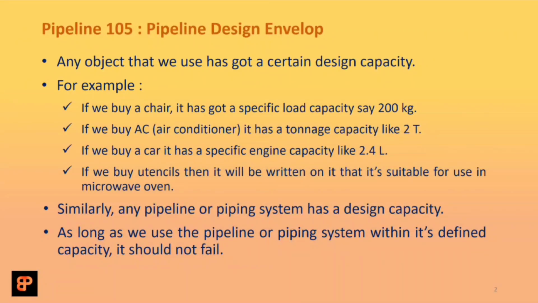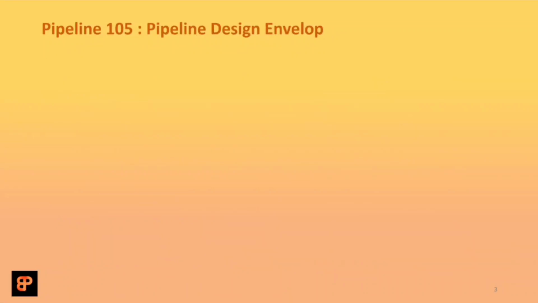So we say upsets happen when certain parameters exceed the desired design capacity, and upsets can always happen, but we also overcome them by keeping certain safety norms. So hope you must have understood now that defined design capacity is very important for any object, and similarly for an oil and gas facility or a pipeline or a piping system.